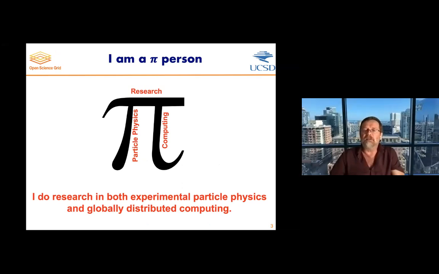And the other discipline is cyber infrastructure, software, computing, and in my case, this is globally distributed computing. And then the bar across on the pi is what we think of as the research. So the research of a pi person spans all the way from totally in one domain to totally in the other domain and everything in between.